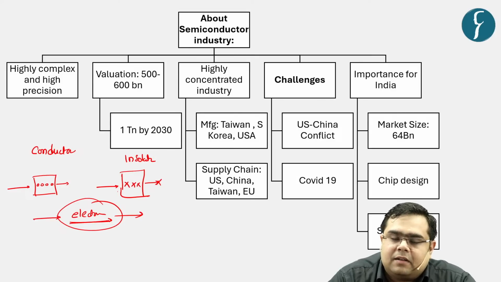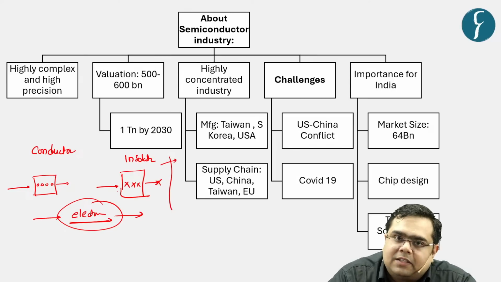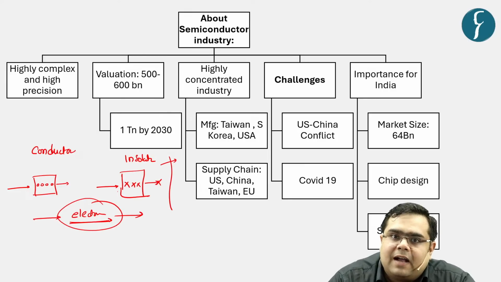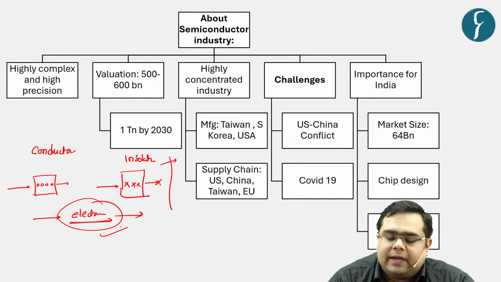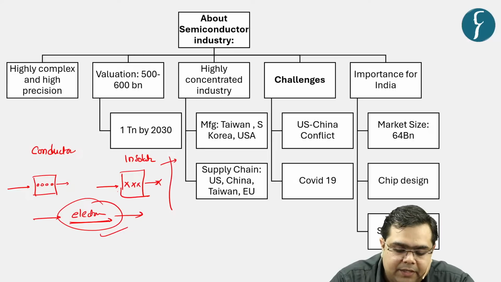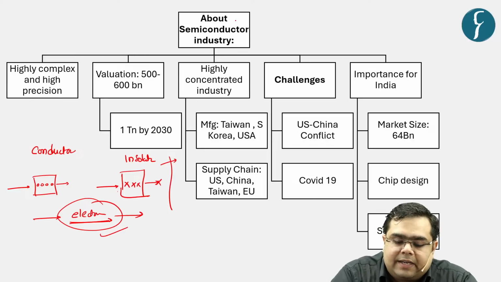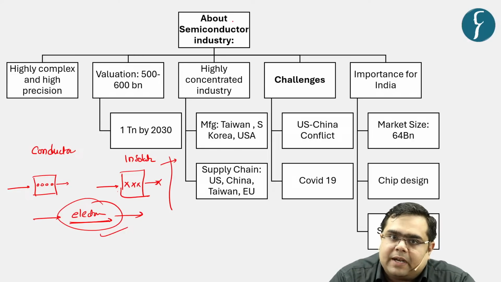It would not be an exaggeration to say that the entire Industry 4.0, that is, our mobiles, our computers, and so on and so forth, all these advanced industries are based on the semiconductor industry. So that is the importance of the semiconductor industry in the development of a nation. Now, what are certain innate features of this semiconductor based industry?